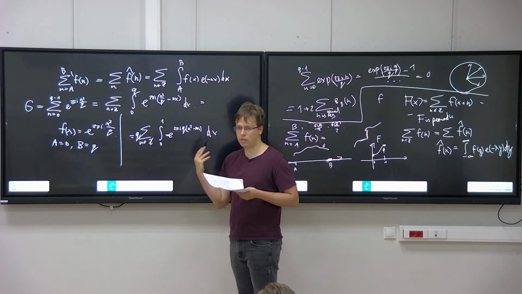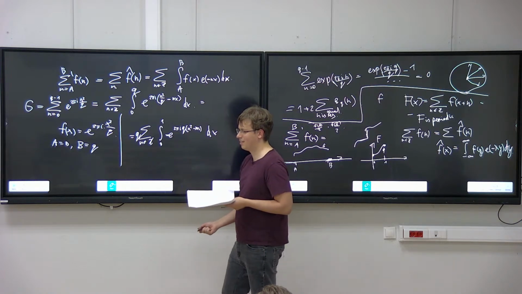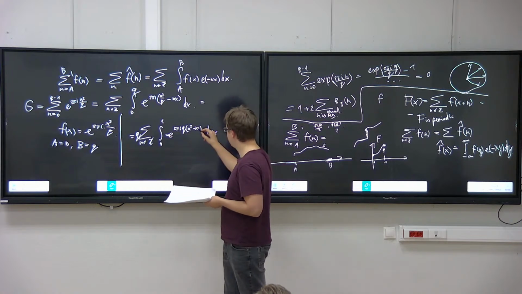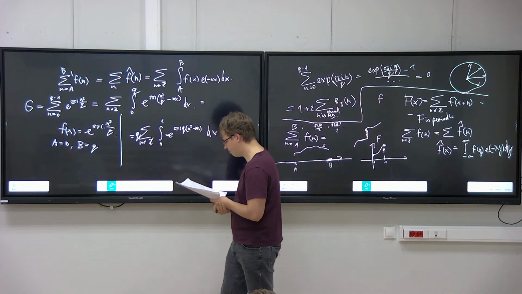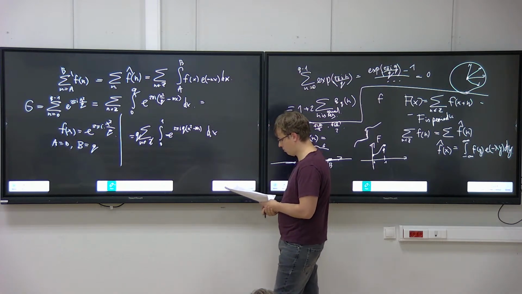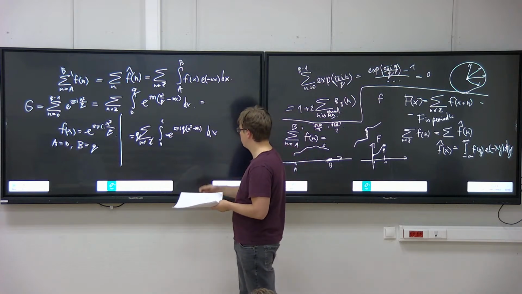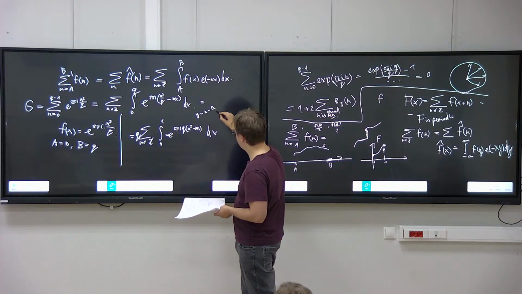Let's complete the square. Yes, complete the square. So we should change our variable. What will it be? Let's take x minus n over 2, yes?